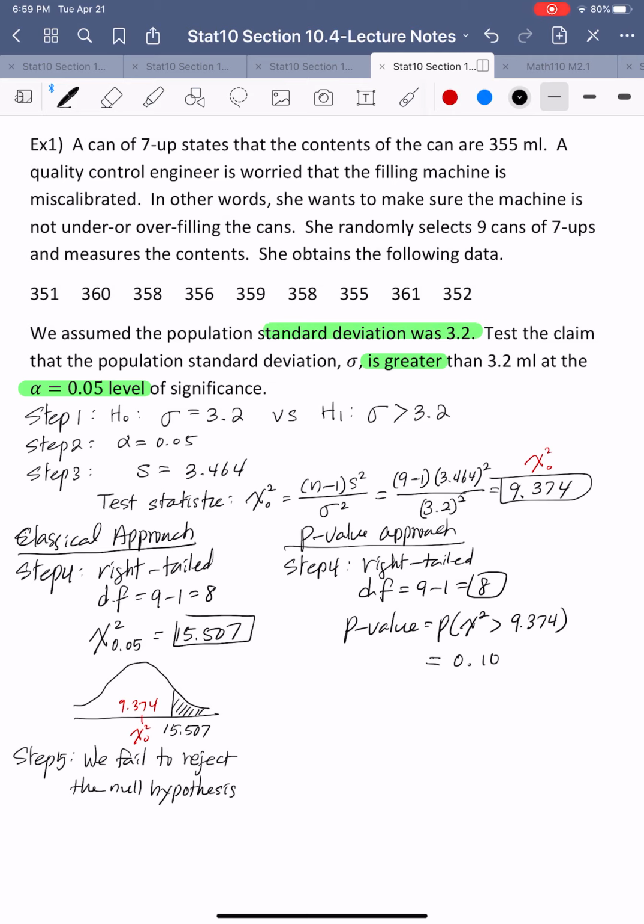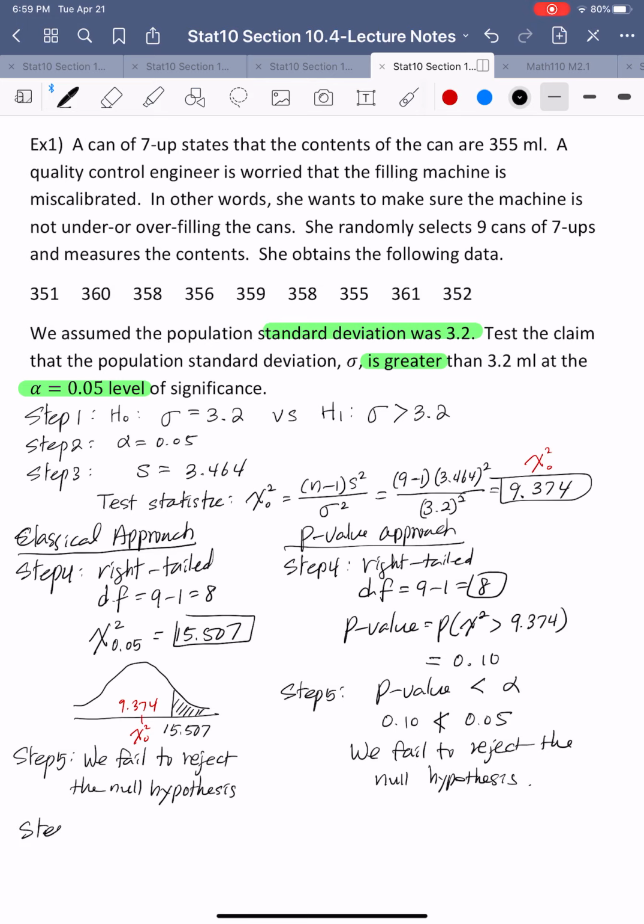Now step 5, we compare: the p-value should be less than alpha. The p-value is 0.10 and alpha is 0.05, which is not true. So that's why we fail to reject the null hypothesis. Step 6: we keep the null hypothesis.